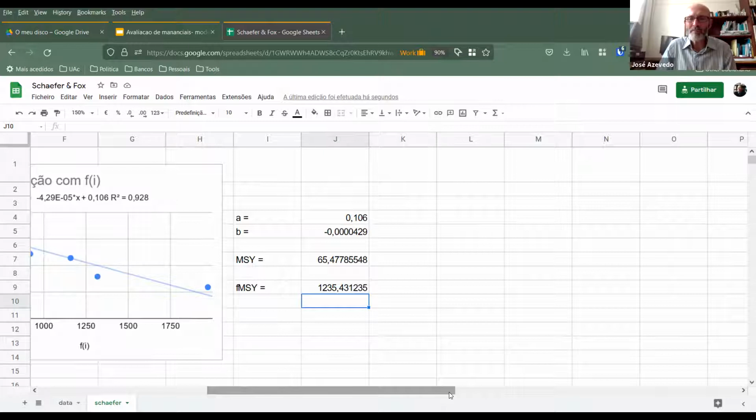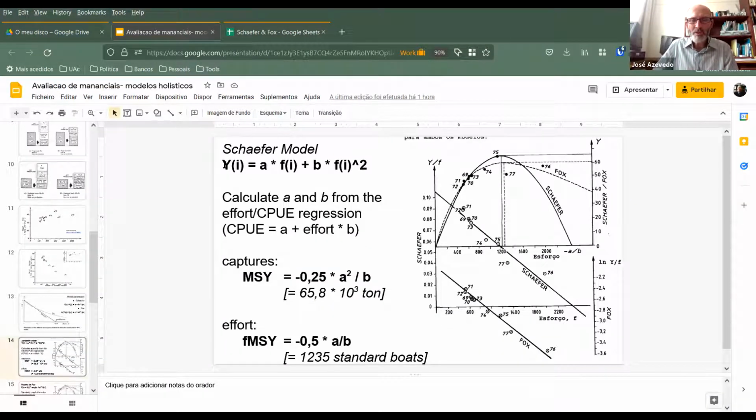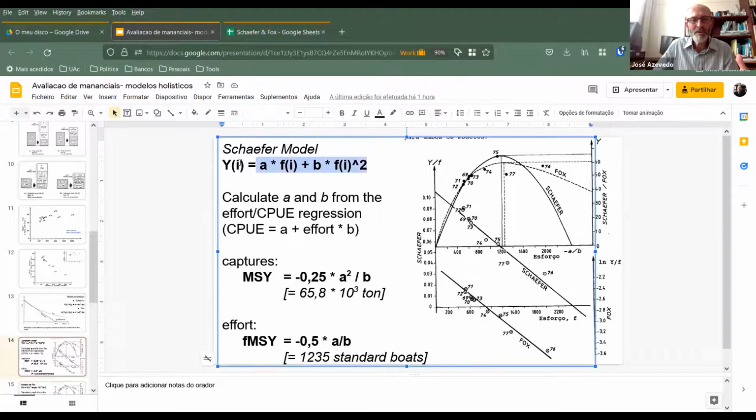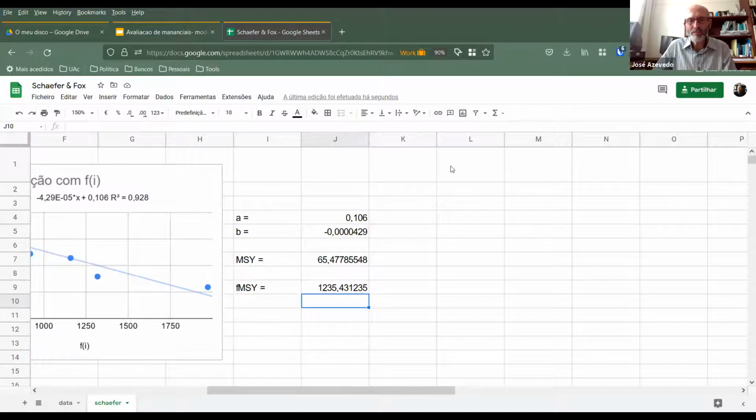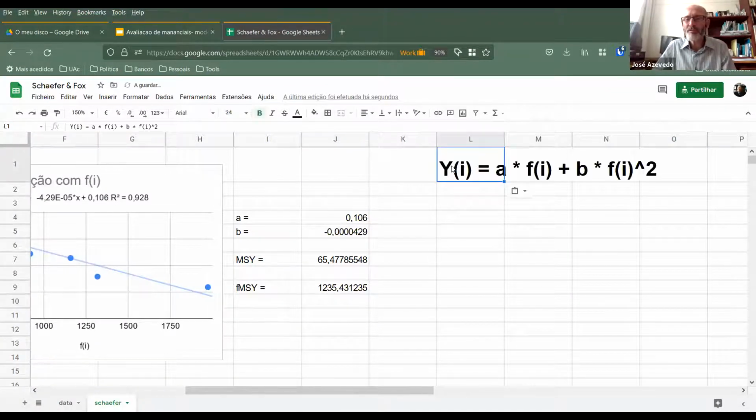In this model, you have a relationship between fishing and captures, and you have the equation of the model here: the yield equals A times the fishing effort plus B times the fishing effort squared. Let me copy it and paste it here so that I don't forget it.